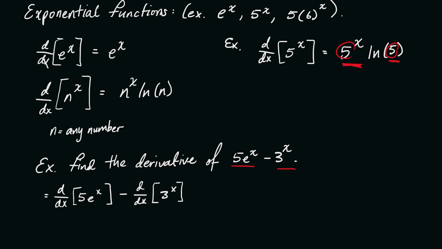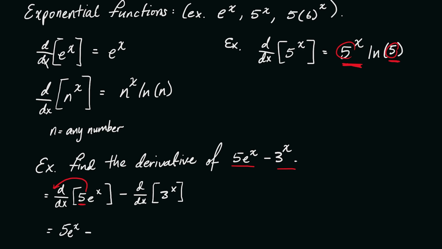So now we're taking a look at this, and we see that 5 in the first term is just a coefficient, so we can bring that outside. The derivative of e to the x is just e to the x, so our first term stays the same as 5 e to the x.